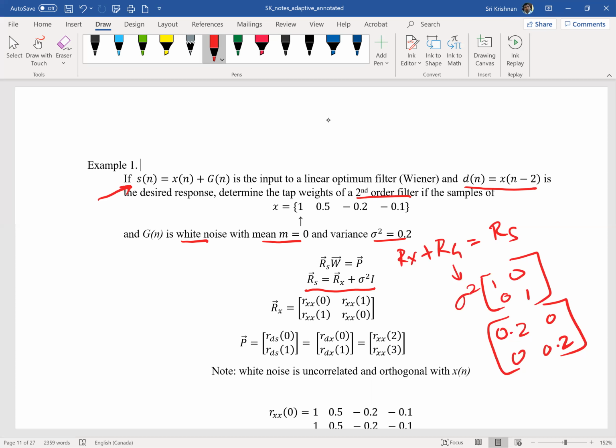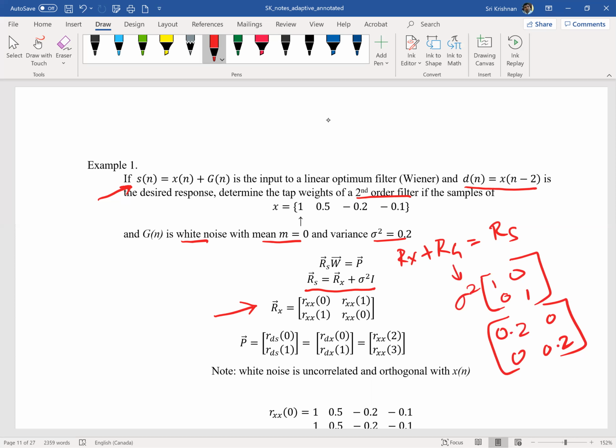Now, the next key step is to determine Rx, the autocorrelation of the signal of interest. It turns out that we have Rxx(0), Rxx(1), Rxx(-1), Rxx(0), and you know that autocorrelation of any signal is symmetrical around the lag k equal to 0.